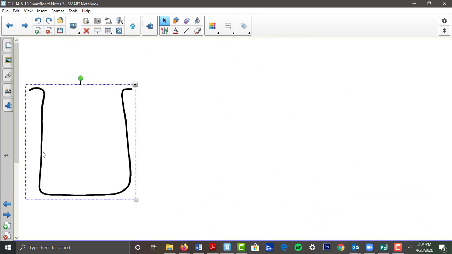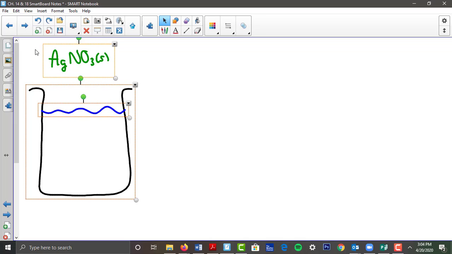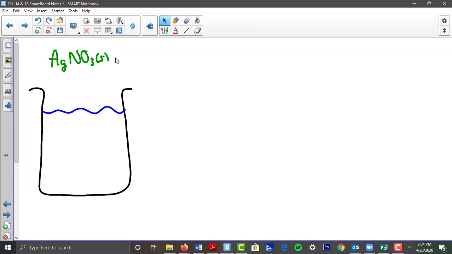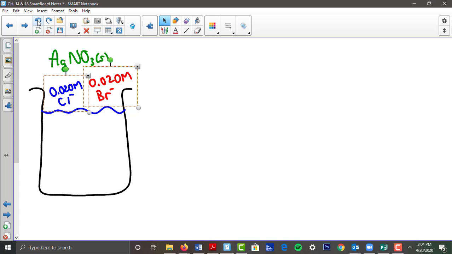Now, what if we had a combination of ions in solution and we added another ion to it and we wanted to know which one forms a precipitate first? For example, let's say that we had a solution that had a mixture of chloride ions and bromide ions in it.